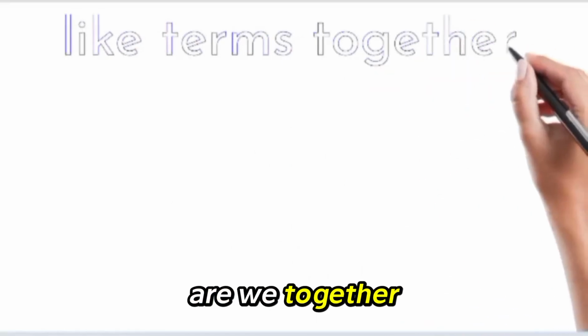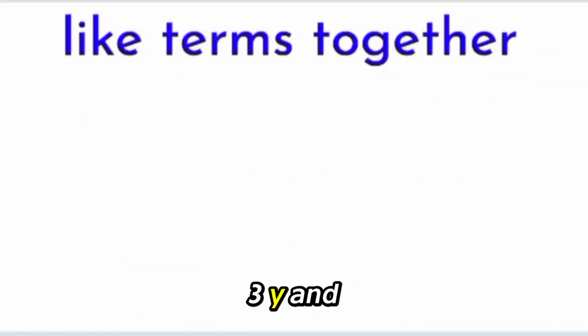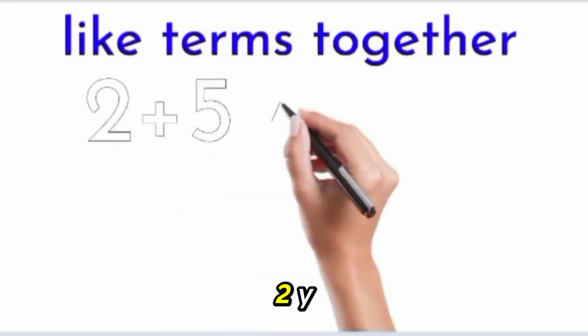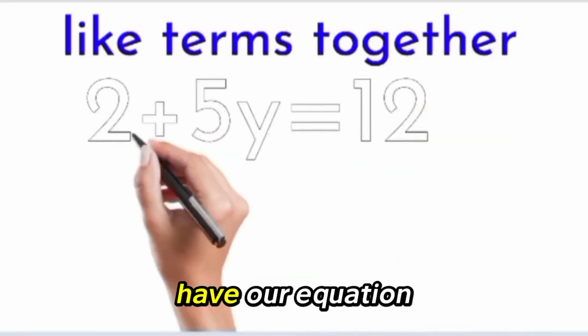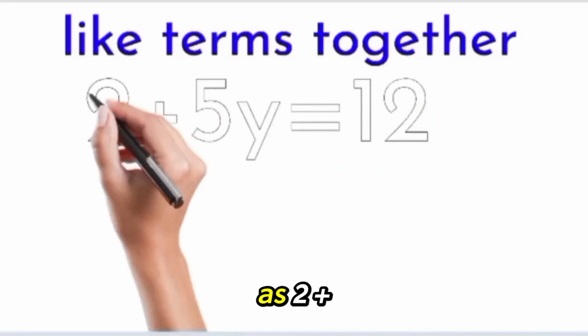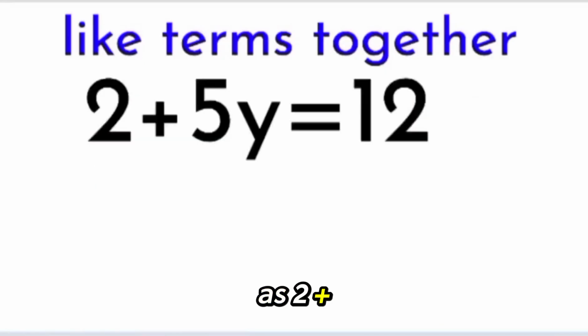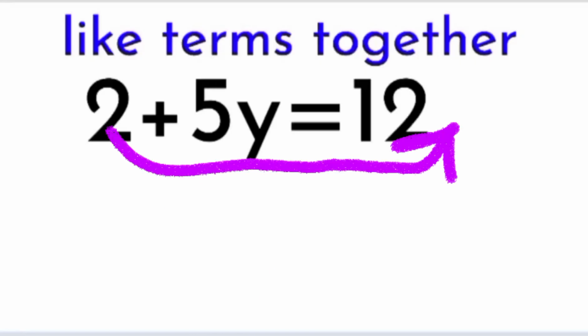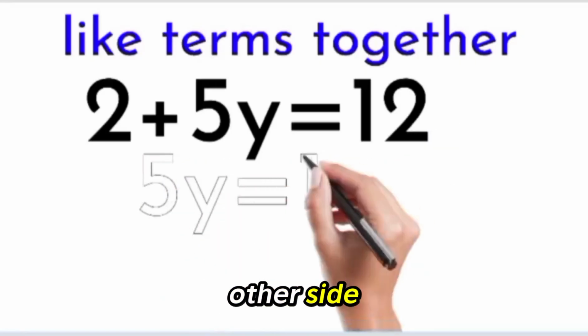We have 3y and 2y, so we shall have our equation as 2 plus 5y equals 12. So we take 2 to the other side.